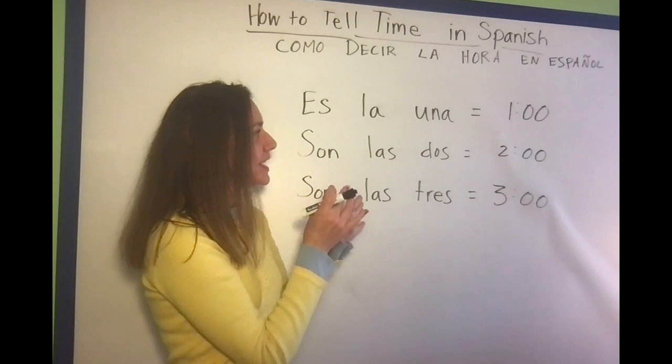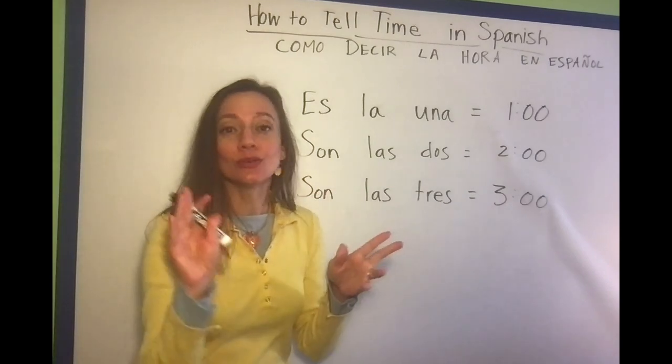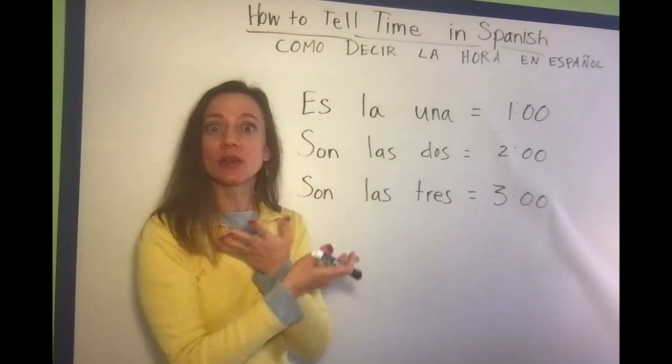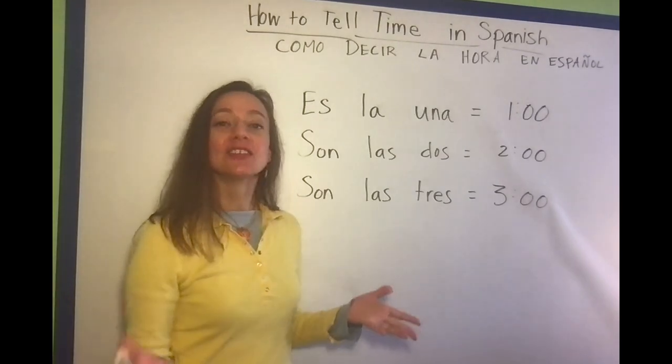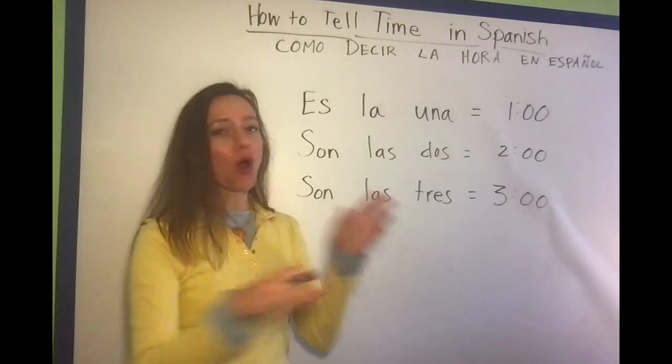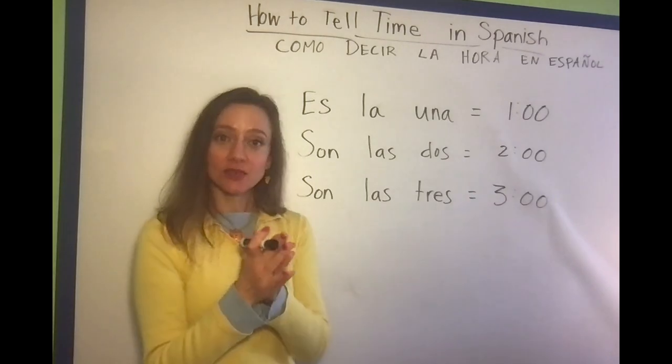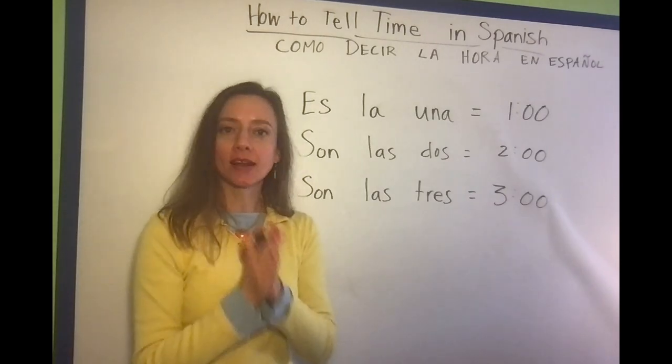If that makes no sense to you, don't worry, because it sounds funny in English, we do not think like that. So if that's a little confusing, all you need to know is that when you're answering the question, what time is it, ¿qué hora es?